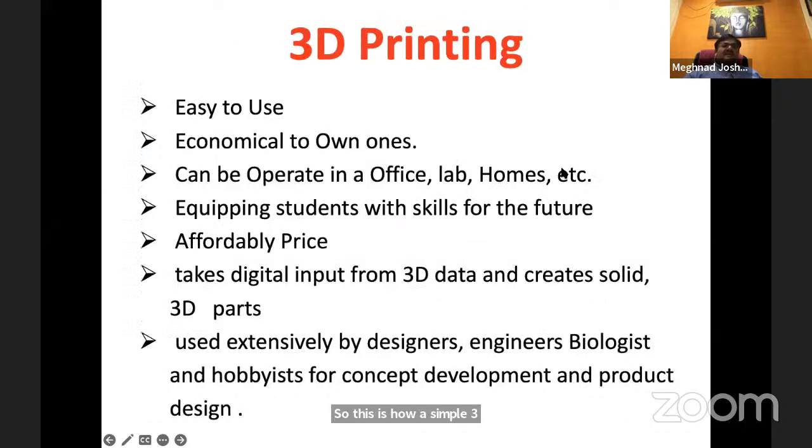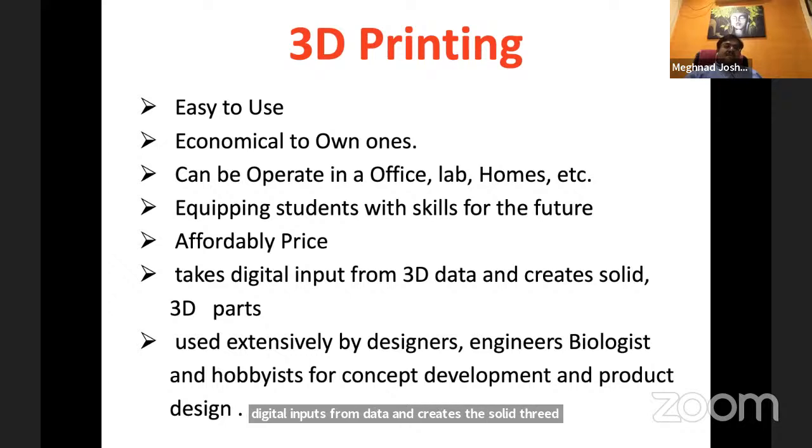Now 3D printing technology has become very popular because it is easy to use. It is economical to own one, can be operated in offices, labs, homes, equipping students with skills for the future. It has a very affordable price, and it takes the digital inputs from 3D data and creates solid 3D parts.